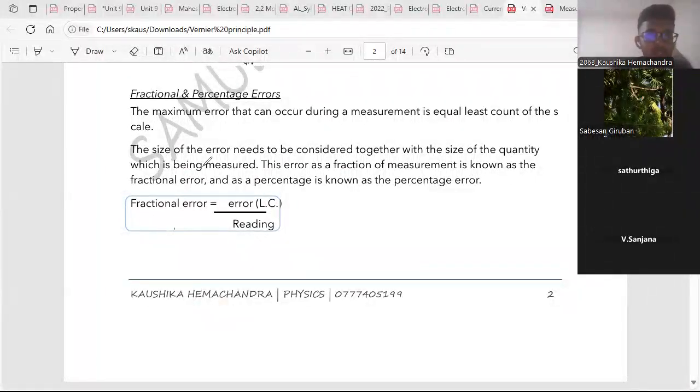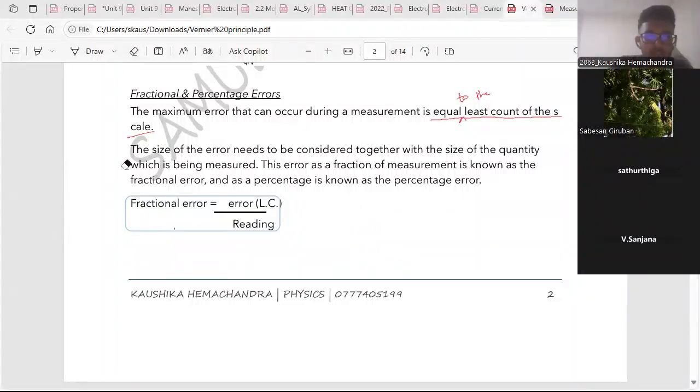The basis of fractional or percentage errors is that for any reading, however accurately you may take it, the maximum error for a given reading is equal to the least count of the instrument. So fractional error is equal to the error, that is the least count of the instrument, divided by the reading.